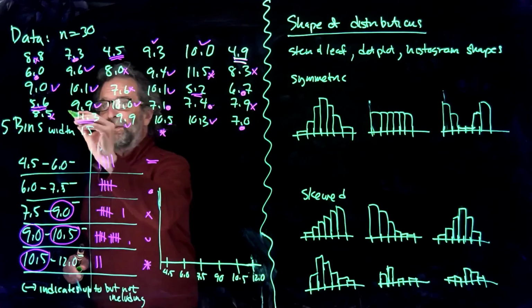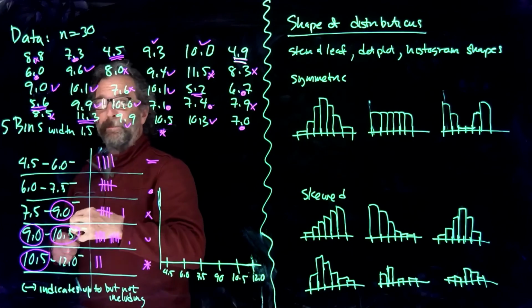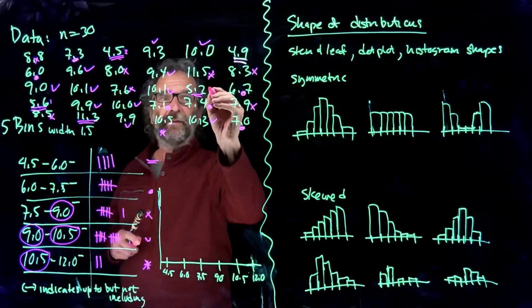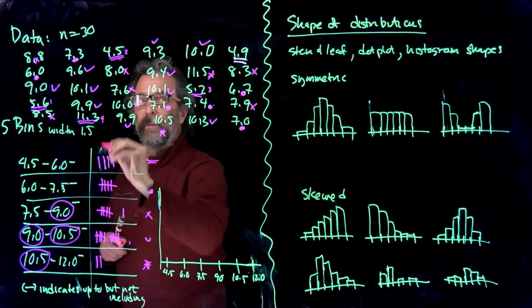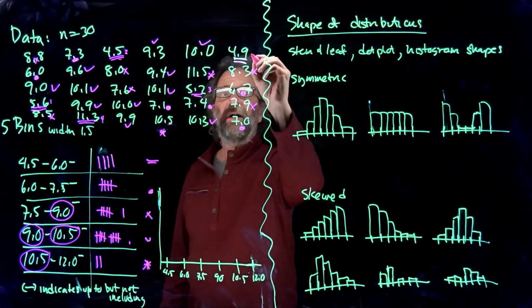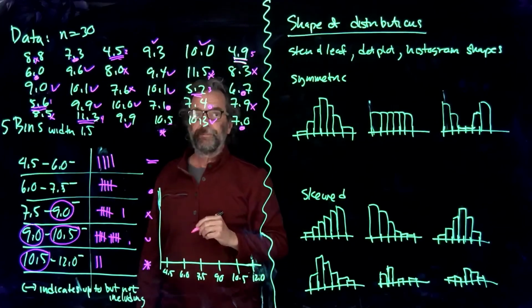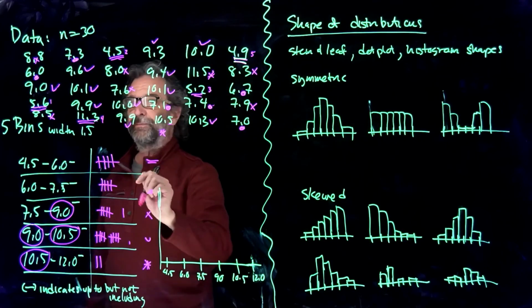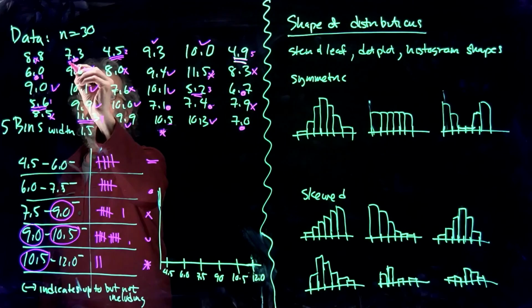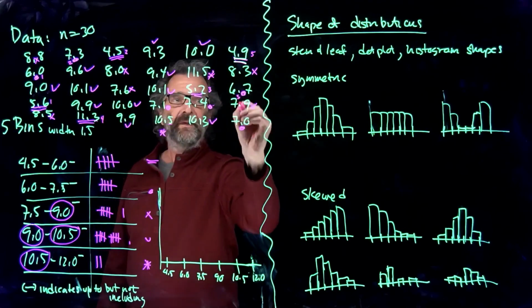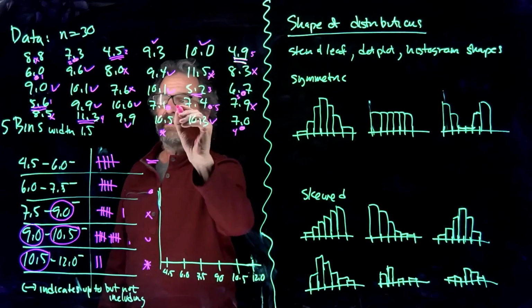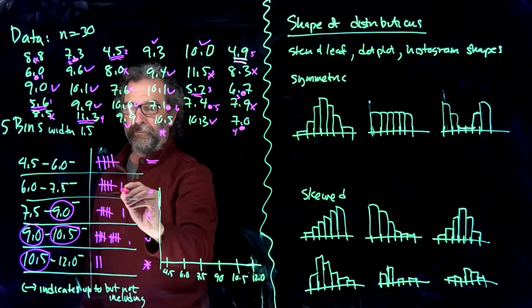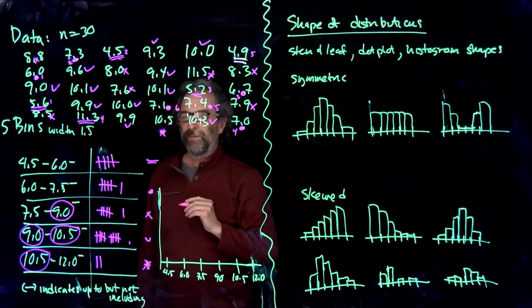Double bars. 1, 2, 3, 4, 5. Okay. Single dots. 1, 2, 3, 4, 5, 6. Guess we were right before.